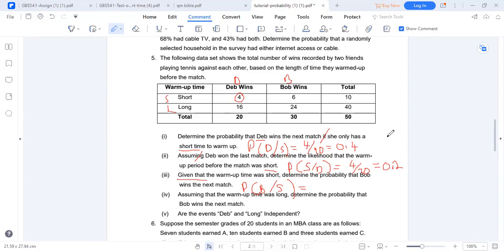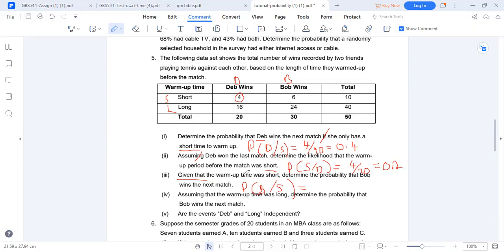Okay. So here we're looking for the probability of Bob, given that it was short. Where you find given that, or assuming, or if, or when, just know that it goes down there.